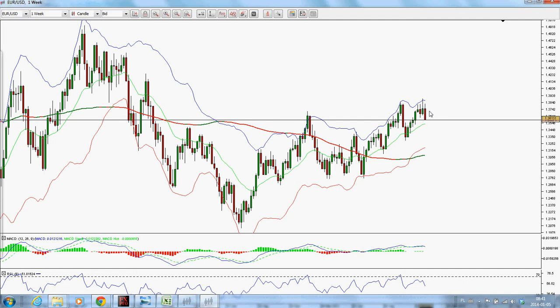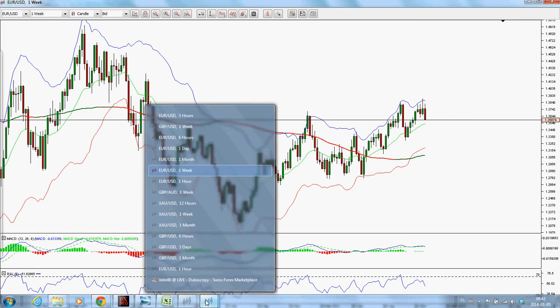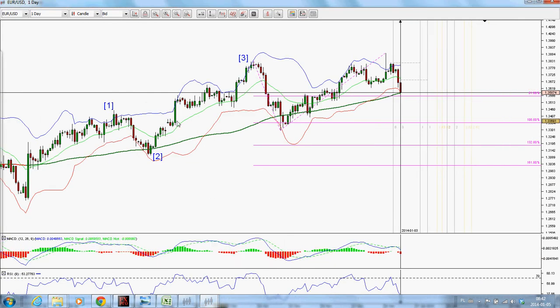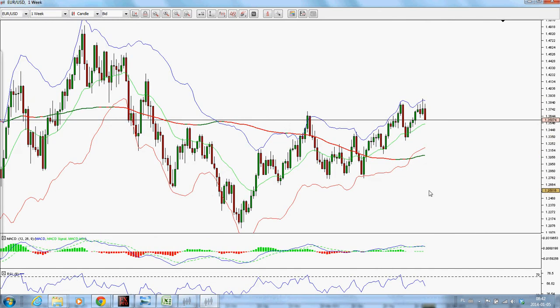I will go to the daily chart, and consider this whole movement, this whole development. Maybe let's switch to the weekly once again, just to explain it. I consider this as an ABC, and so this is 3, 3, and most probably 5 to the upside. 1, 2, 3, A, B, C for 4, and the final 5th.